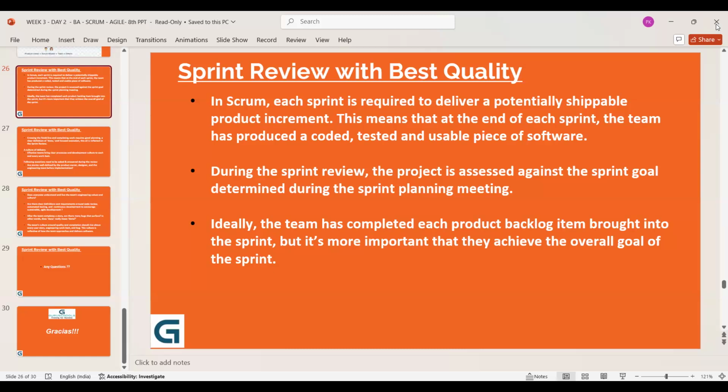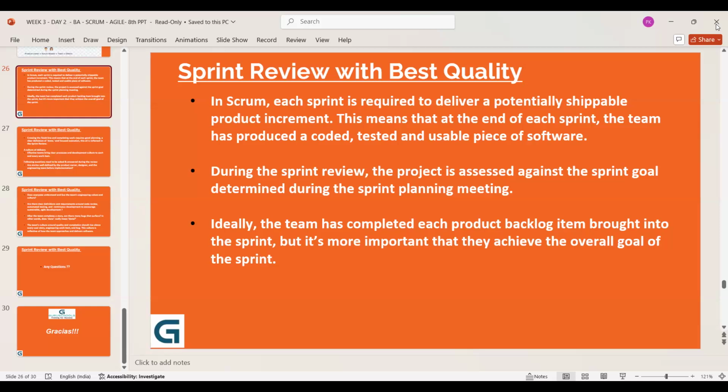Absolutely right. Thank you so much for reading it out. So what are we saying? In Scrum, each sprint is required to deliver a potentially shippable product increment. Let us break down the words. Potential means it has the potential to be delivered to the customer.